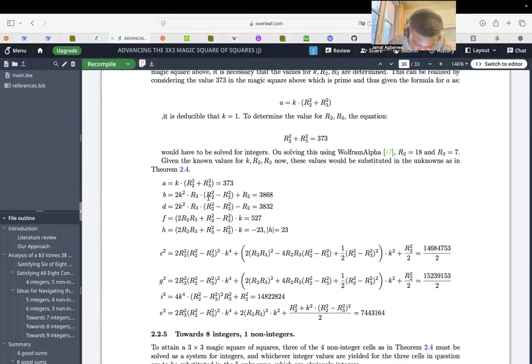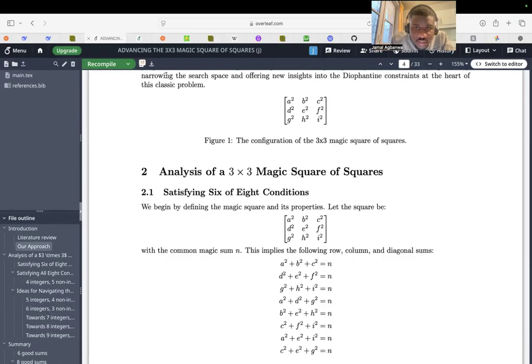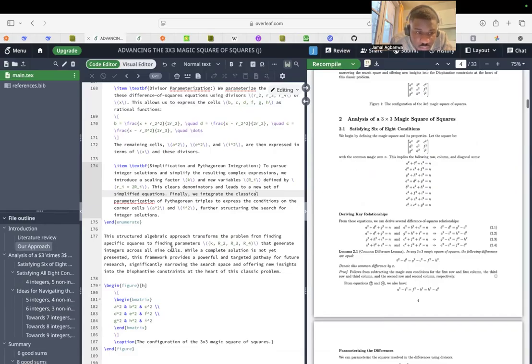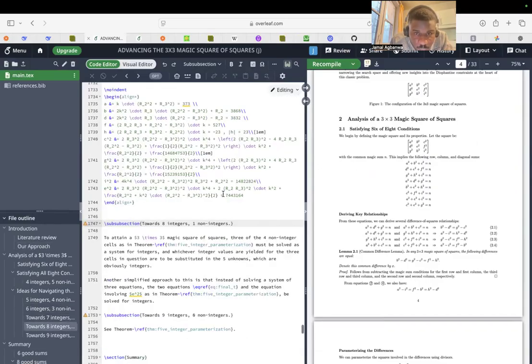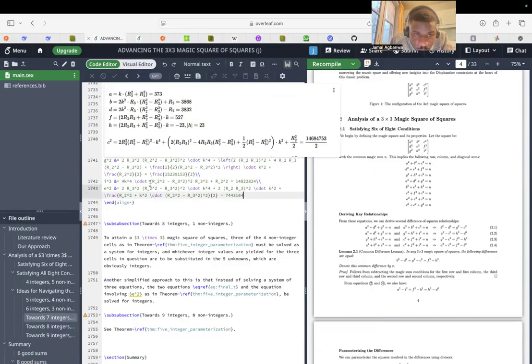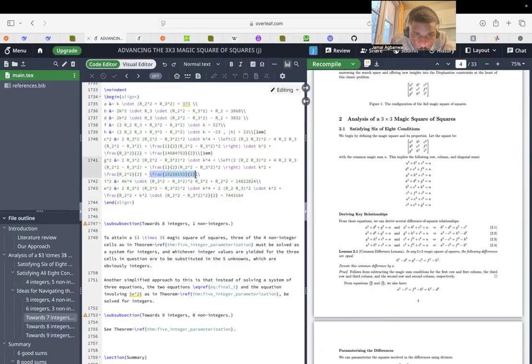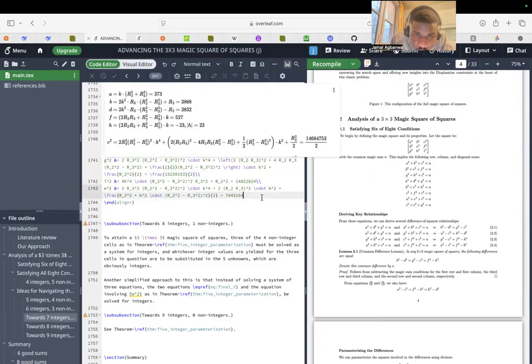I missed something. I did not include, okay, 7 squared, good. Good, thank God. I'll easily correct this. This is good. So it's good to catch these things in time.